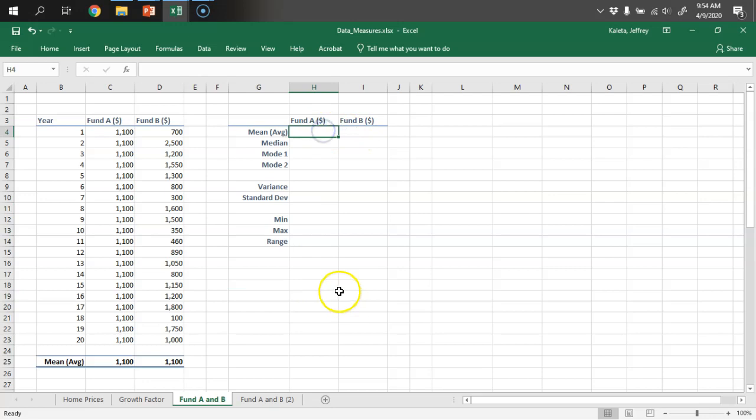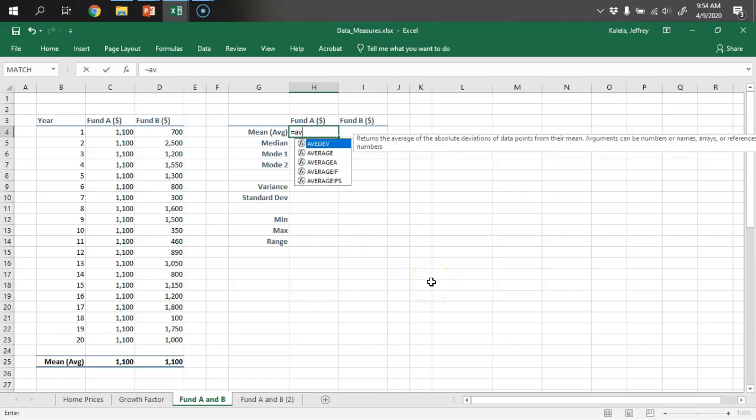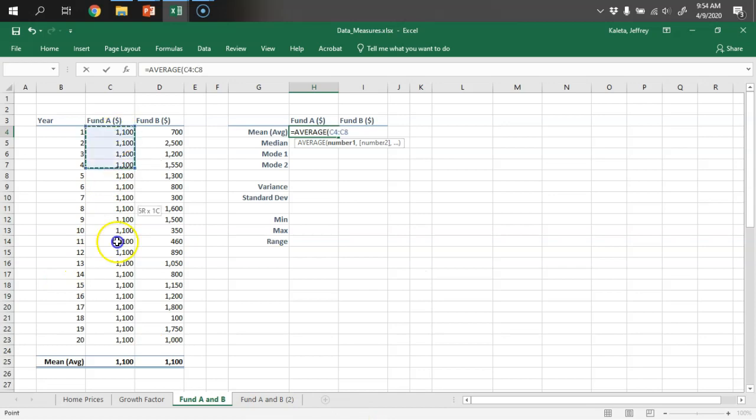So here's how we calculate all of these data points, or these measurements. We already have the average, but I'm going to do this again. It's the average of this column, median, same column.